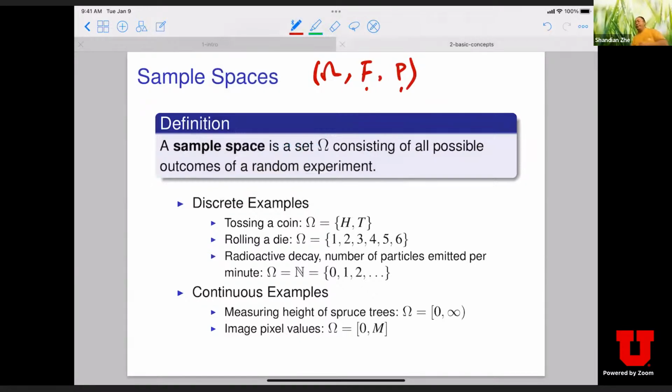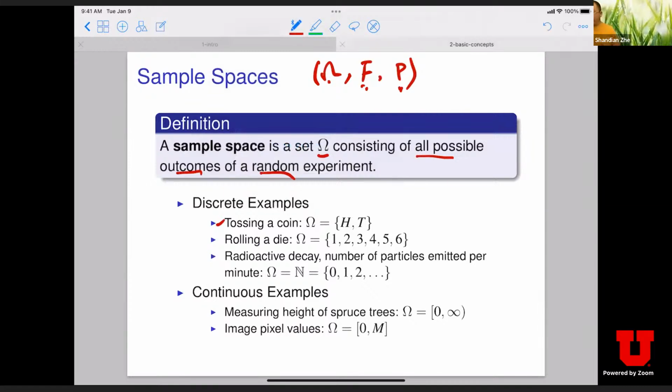That's the general definition, right? So now let us look at the definition of each item here, one by one. So first, what is a sample space? A sample space is a set which contains all possible outcomes of a random experiment. If we talk about discrete outcomes, like if you toss a coin, then the basic unit of your outcome will be just heads up or tails up.